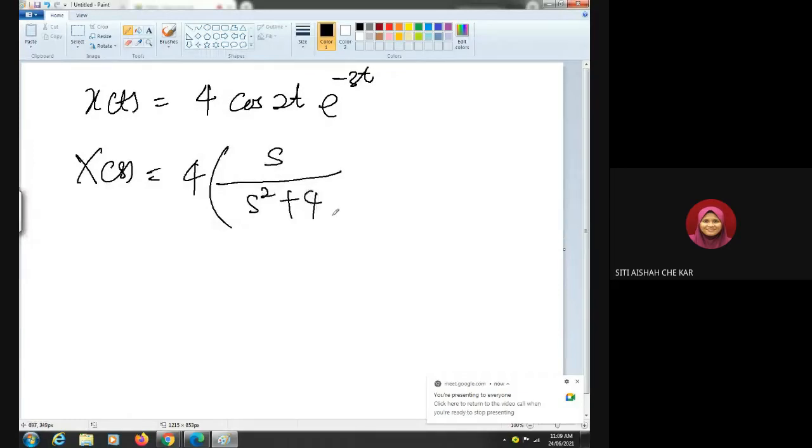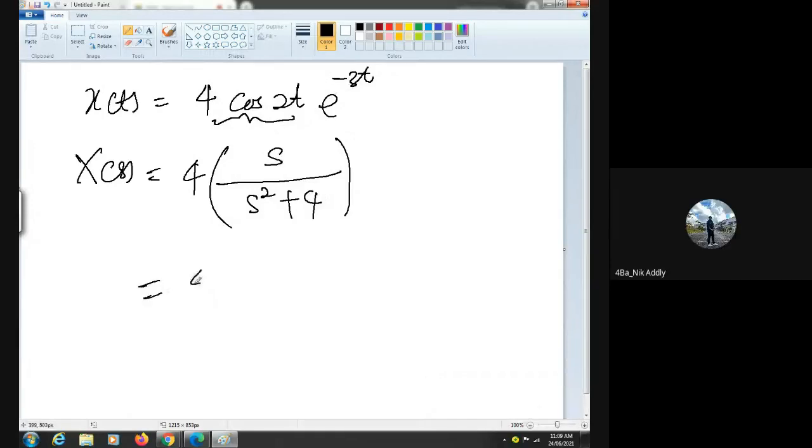Okay, this Laplace belongs to cos, this one. But now you have exponent, so your answer should be? S plus 3 squared plus 4. Yeah. Whenever you see S, you have to plus 3.